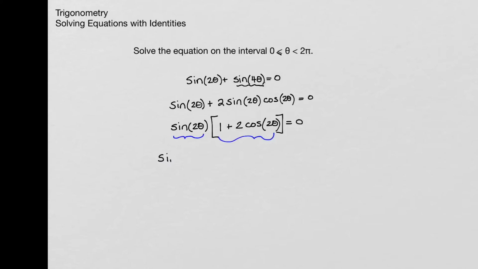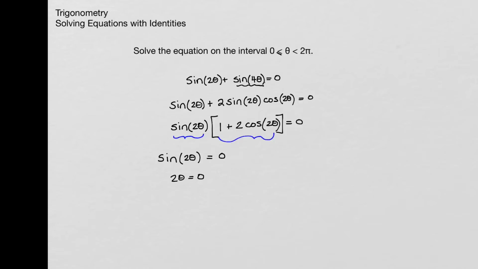I'll start with sine of 2 theta. If that is equal to 0, I have to think about what angles have a sine equal to 0. I know one possibility is that 2 theta is equal to 0 itself, because the sine of 0 is 0.